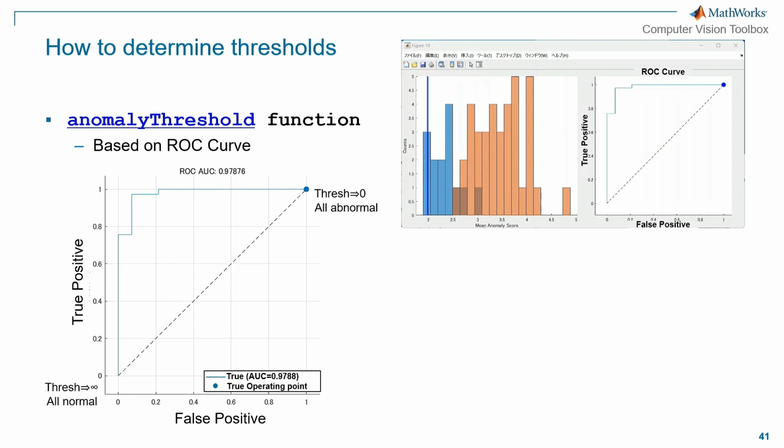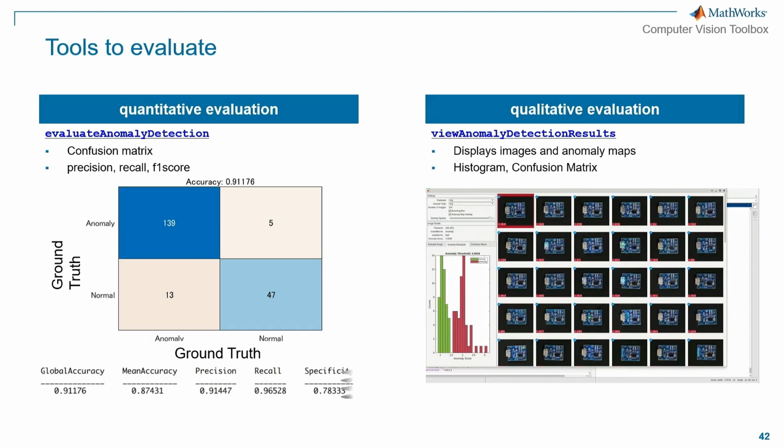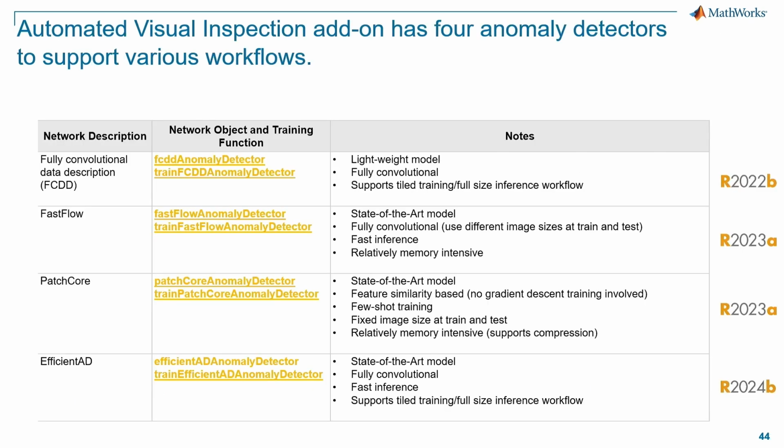Three types of property are supported, so you don't need to program to see what this threshold should be. There are three types of property you can change. There are some other tools you can use to evaluate, called the evaluate anomaly detection function and also view anomaly detection results. Those functions give you some visualization, and then you can play with it. There are four detectors.